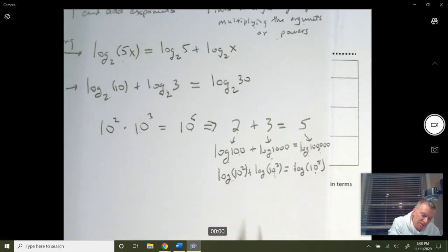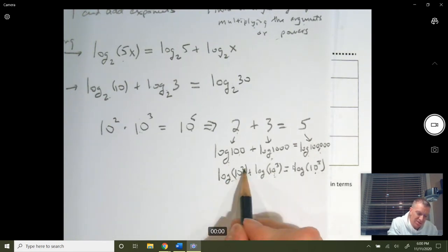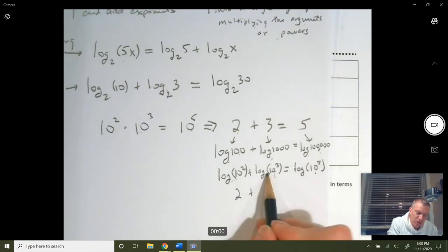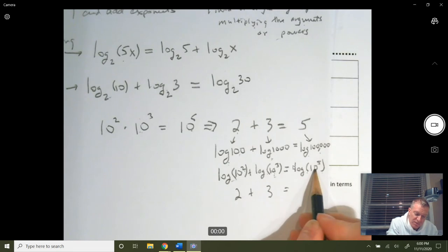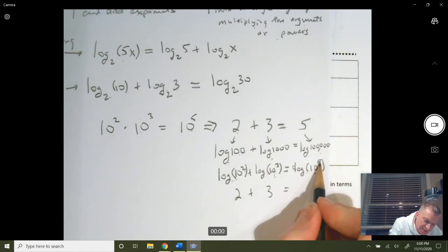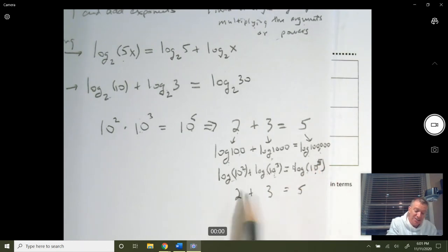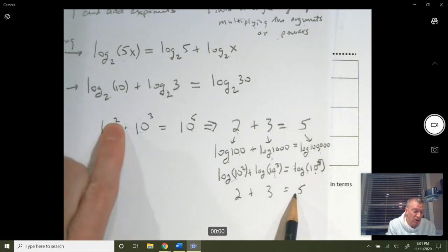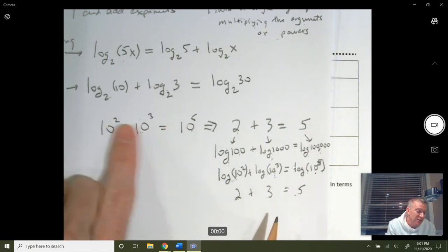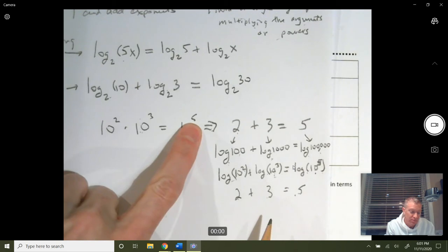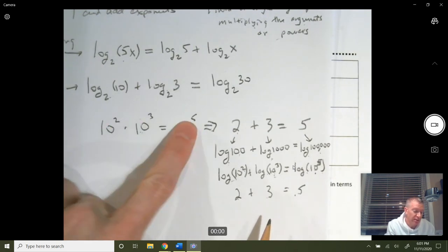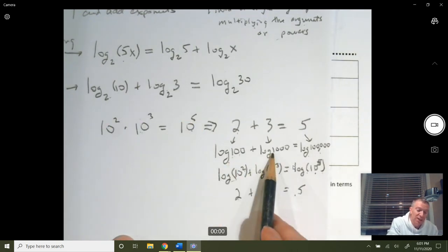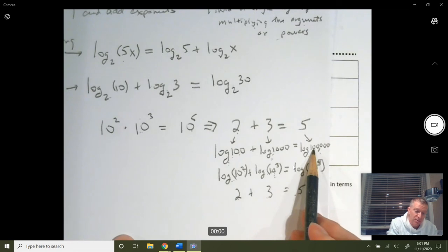Remember, log of 10 squared, that's 2. Log of 10 cubed, that's 3. Log of 10 to the fifth, that's 5. The exponents are the logs. We added the logs together. The 2 plus the 3 is equal to 5. Log of 100 plus log of 1,000 equals log of 100,000.